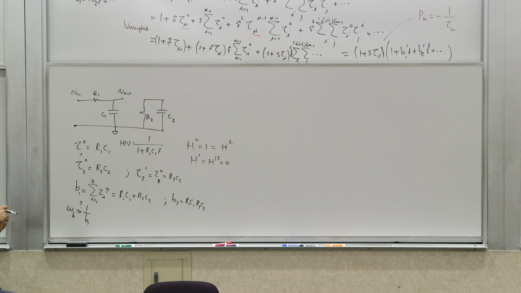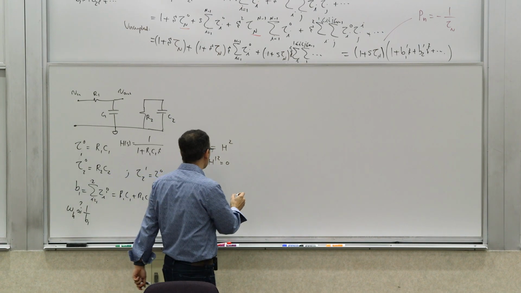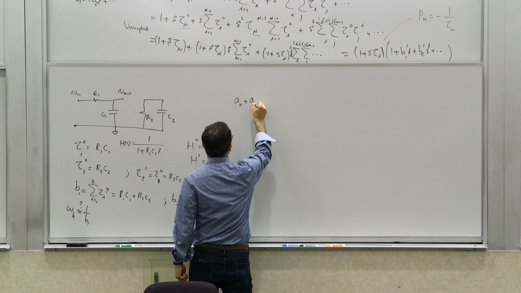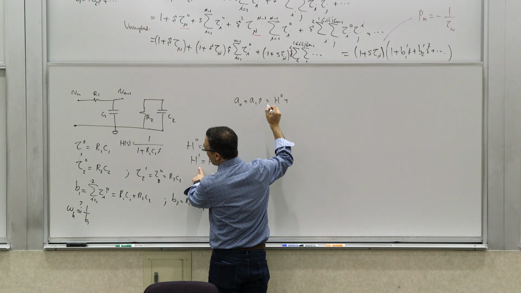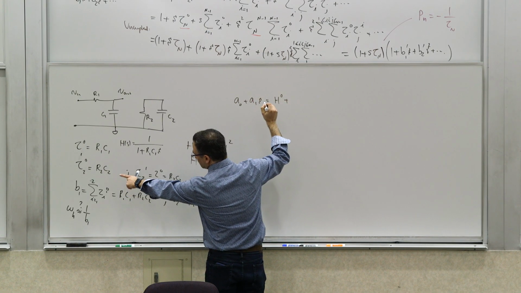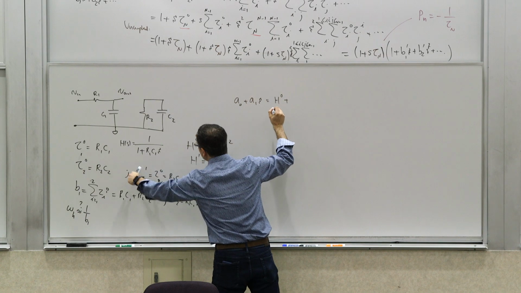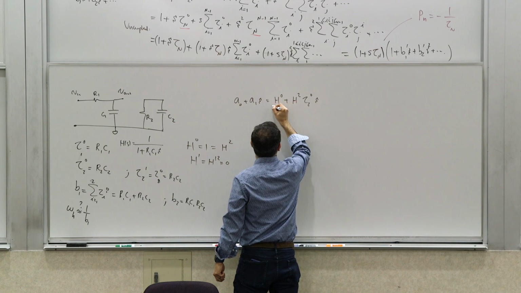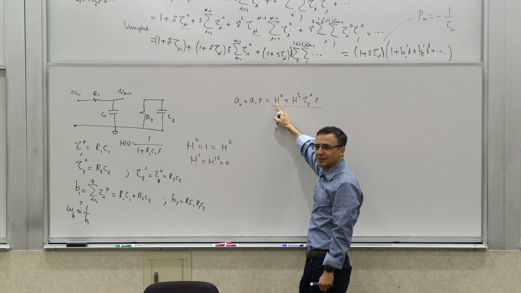So what does that do in the transfer function? Well, it means that you have an A1 term. More accurately, the numerator is going to be A0 plus A1 s, which you can write as H0 plus H2 and tau 2,0 s. But now tau 2,0 and H2 and H0 are the same, right?